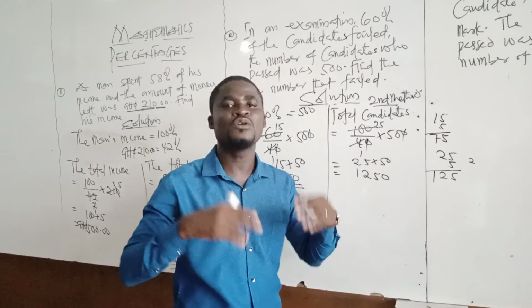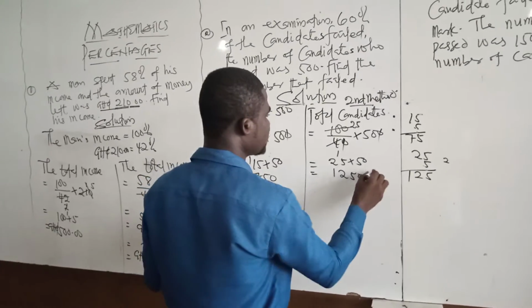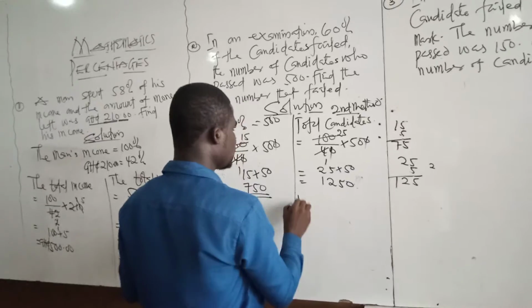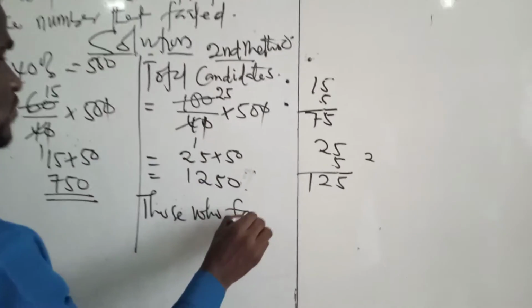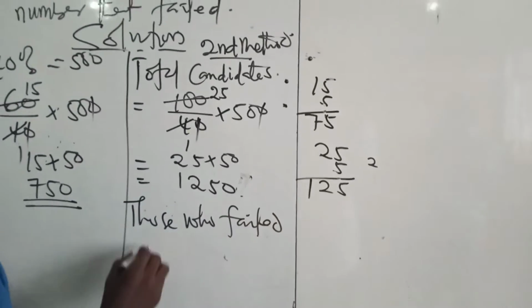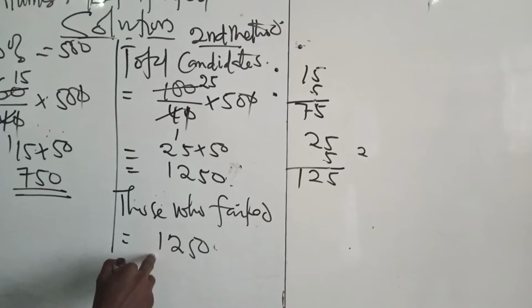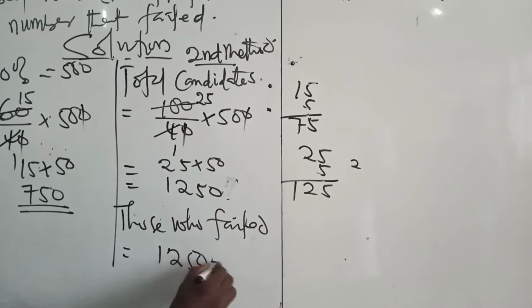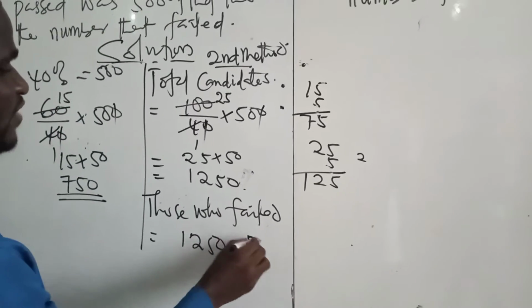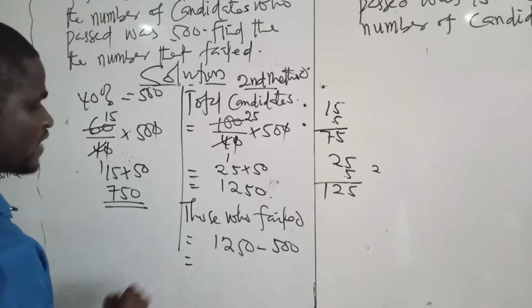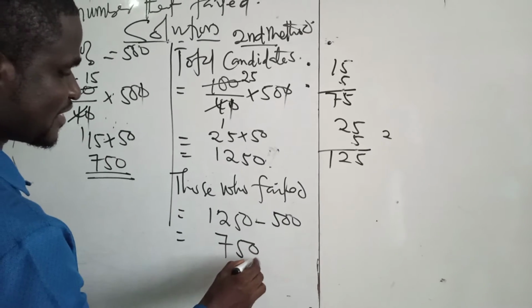Now, the question is we should find those who failed. So, let's go and find those who failed. Those who failed is equal to 1,250 candidates minus those who passed, that's the 500 candidates, which will give us 750 candidates.